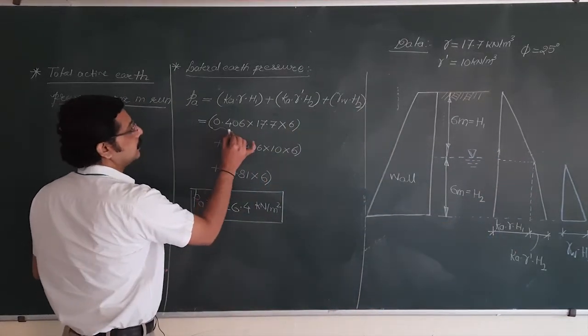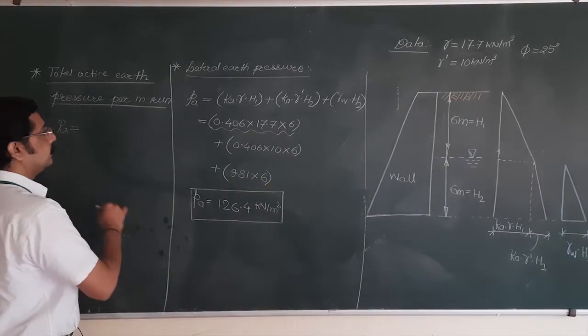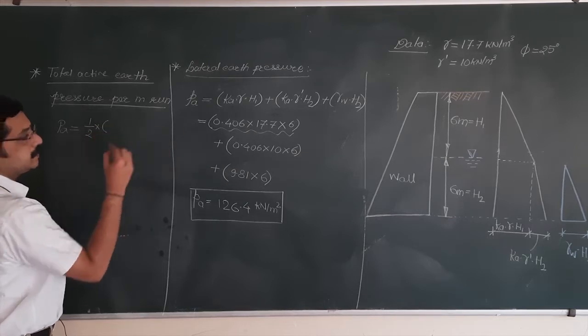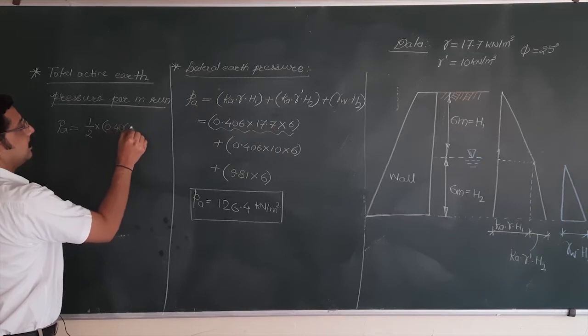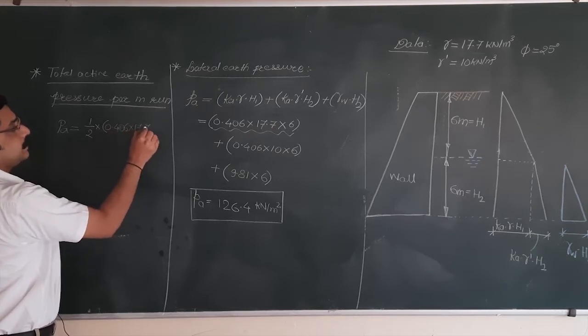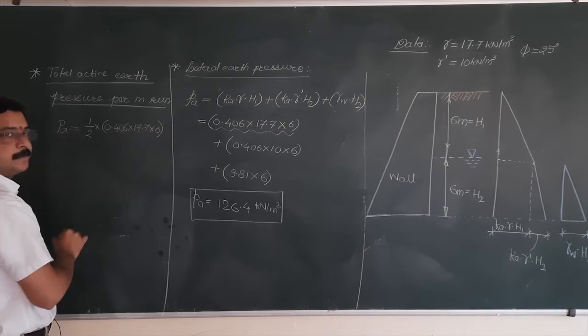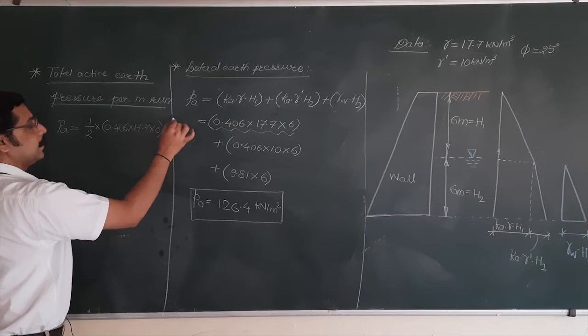Base is this quantity. Okay, so it will be written as half, base is 0.406 multiplied by 17.7 multiplied by 6. This is the base and height is 6 meter.